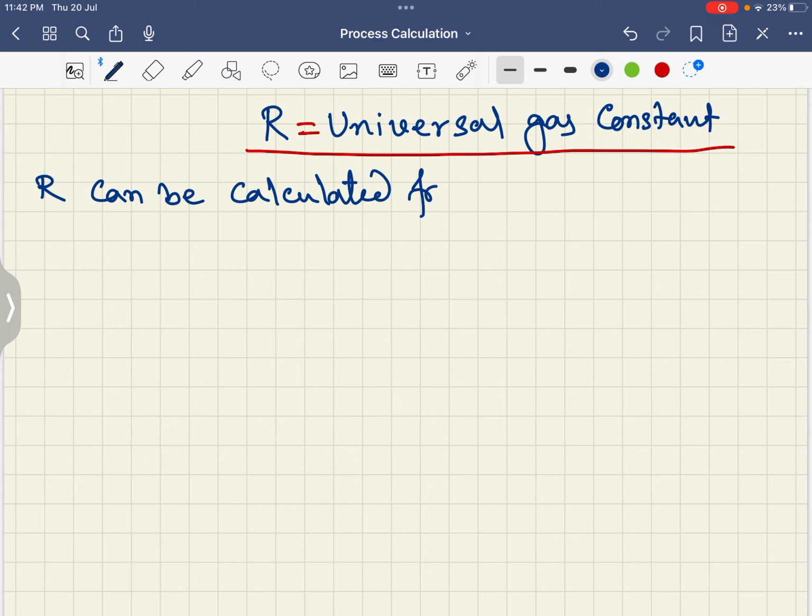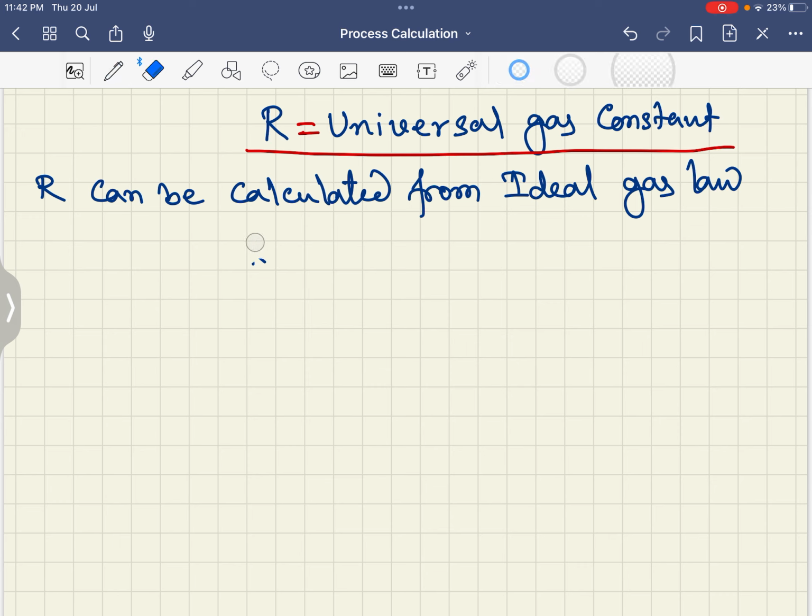from ideal gas law. So that is PV is equal to nRT. What is P? P is pressure.